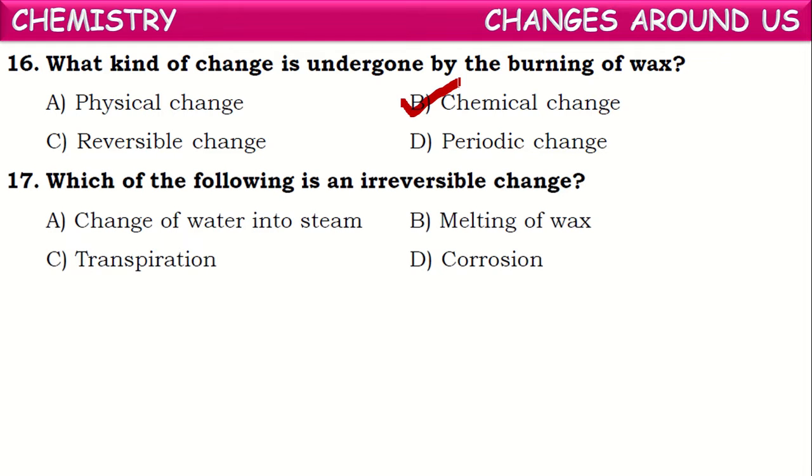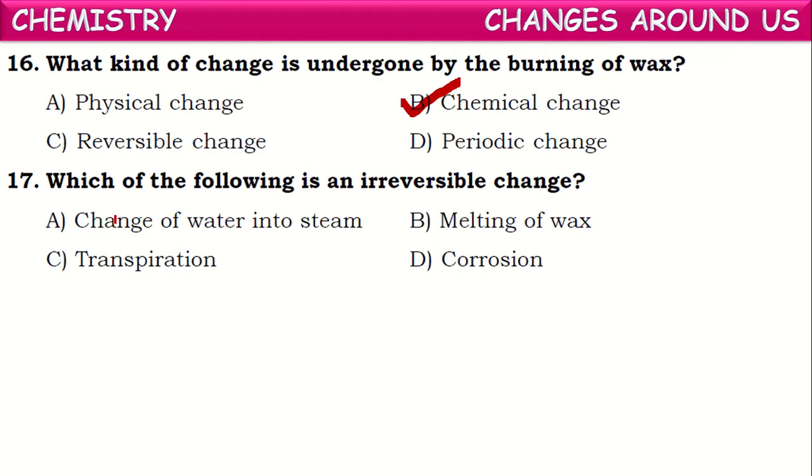Okay. Next, which of the following is an irreversible change? What is meant by irreversible change? The change which cannot be reversed, or the change in which original substances cannot be obtained back by reversing the conditions, is called irreversible change. See here the first one, change of water into steam.